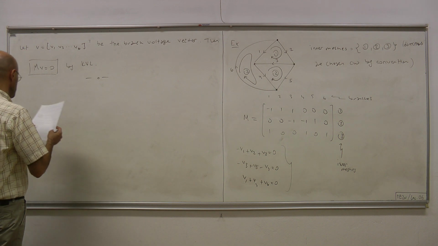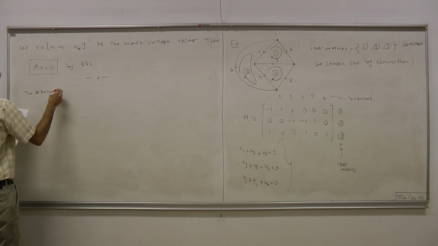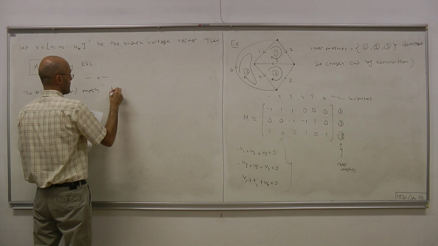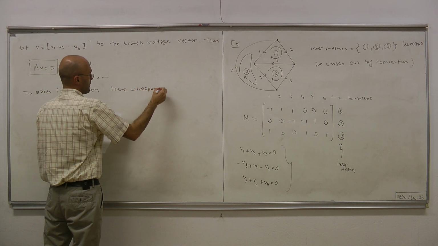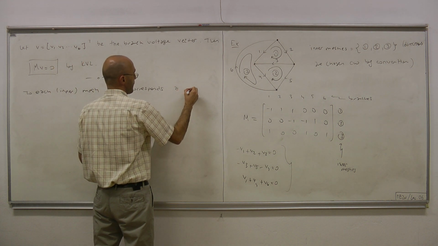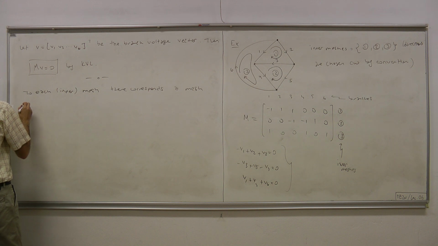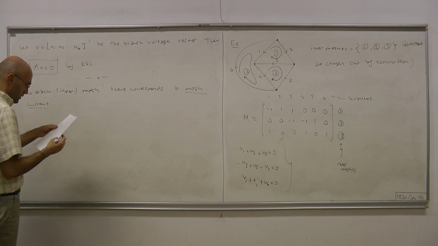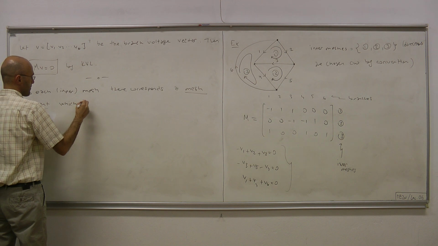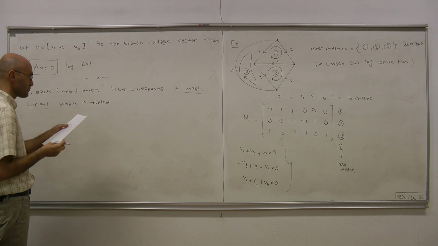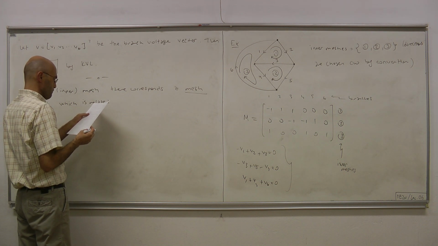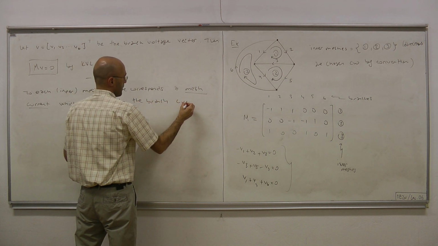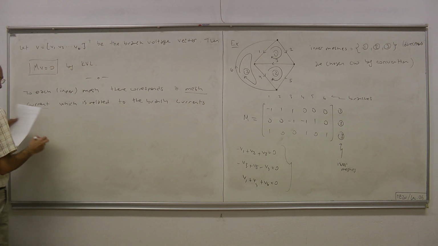So to each mesh there corresponds a mesh current, which is related to the branch currents as follows.